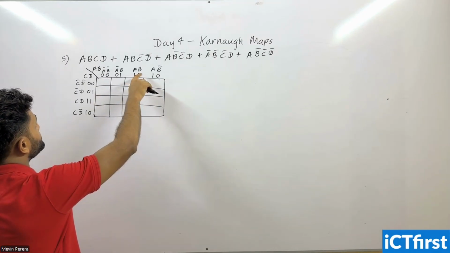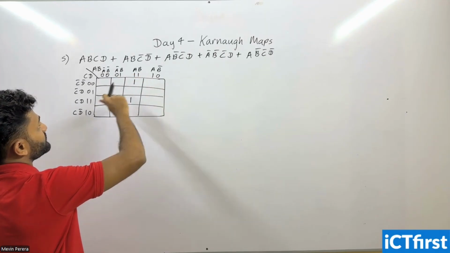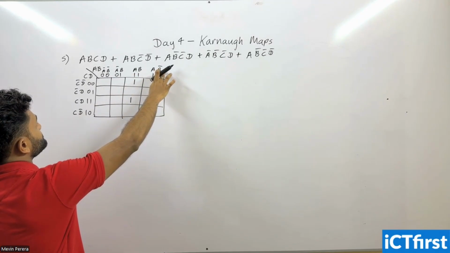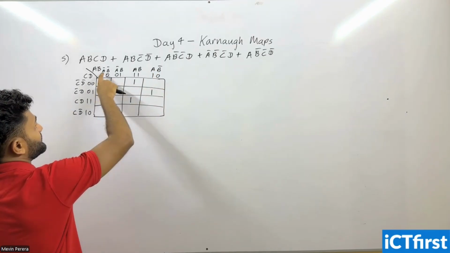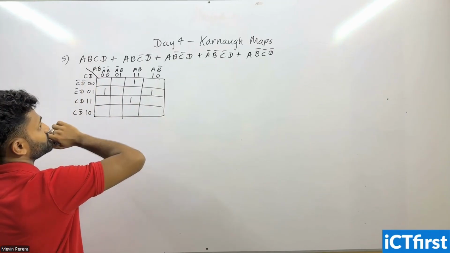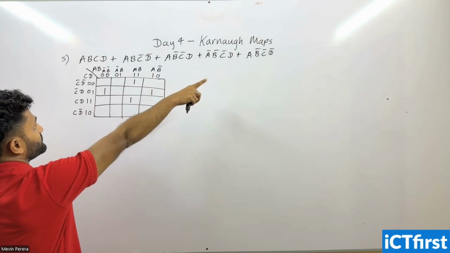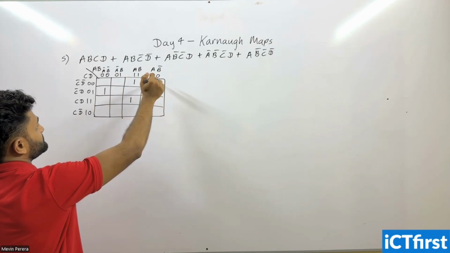Then A B C D here. A B bar C bar D, this one. A bar B bar C bar D, here. A B bar here.